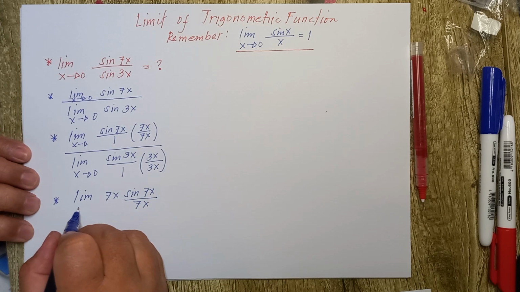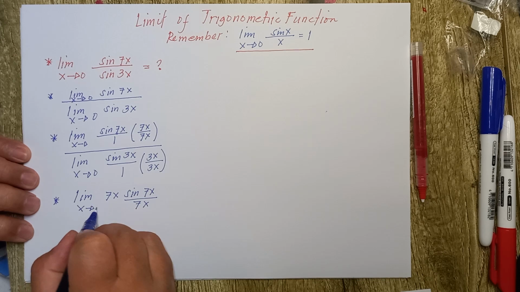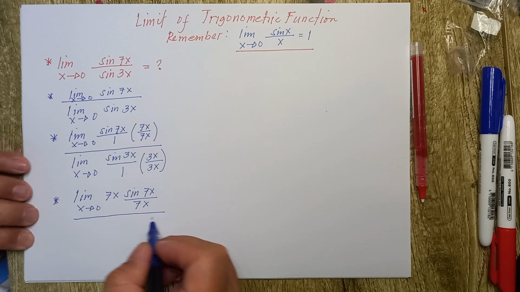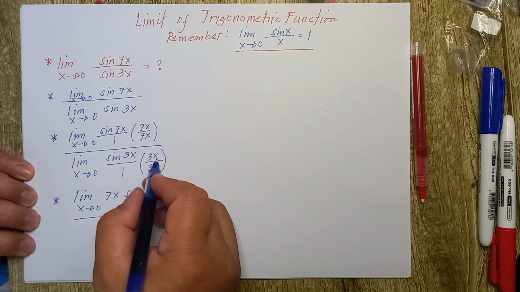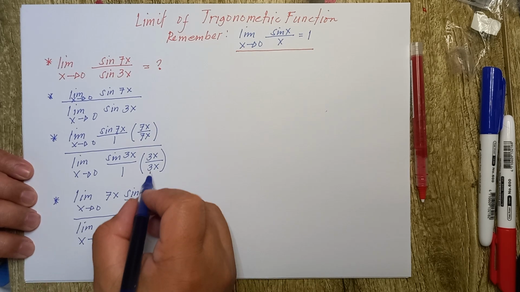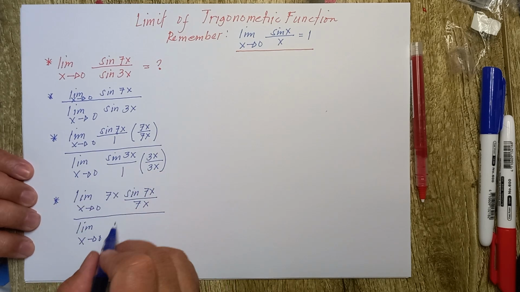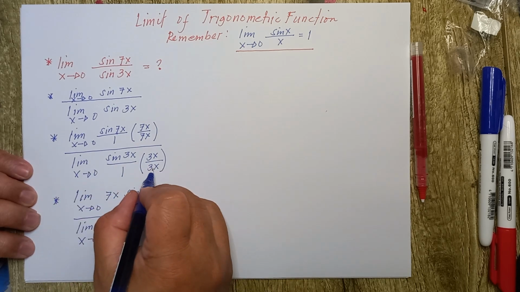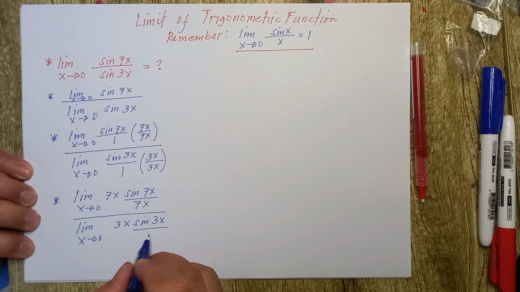Of course, as your x is approaching 0, we can also have the denominator. We can multiply that one, that is the same as the limit as your x is approaching 0. We can have that one multiply. So we have 3x sine 3x. How about the denominator? We have the 1 multiplied by 3x, that is the same as 3x.